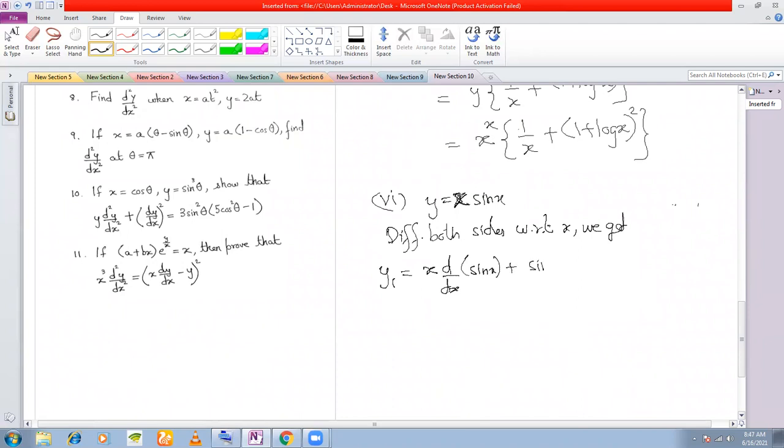Plus sin x into d dx of x. So what are we getting? x cos x plus sin x, right?